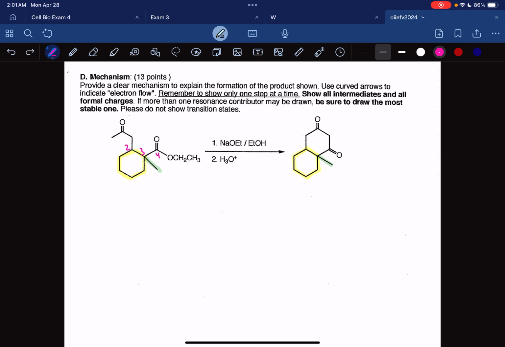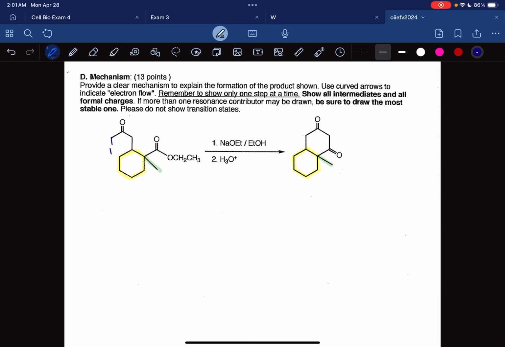You get a 4-member ring. So that's incorrect. That's why you have an indicator that, okay, if I start here, 1, 2, 3, 4, 5, 6, I'll get that 6-member ring. So we're just going to go with the flow here and deprotonate right here.